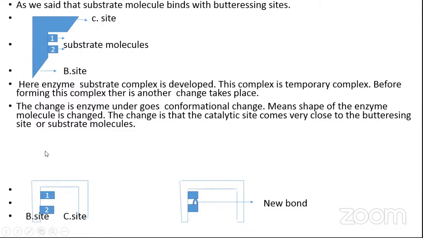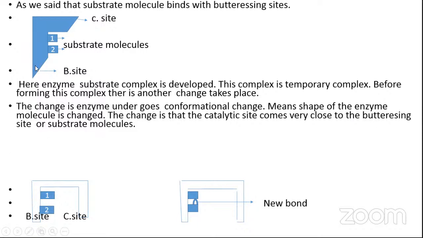And what does that mean? The enzyme undergoes a conformational change. That means before the formation of this temporary complex, one conformational change will take place. The shape of the enzyme molecule is changed, and that change is that the catalytic site comes very close to the buttressing site or substrate molecule.